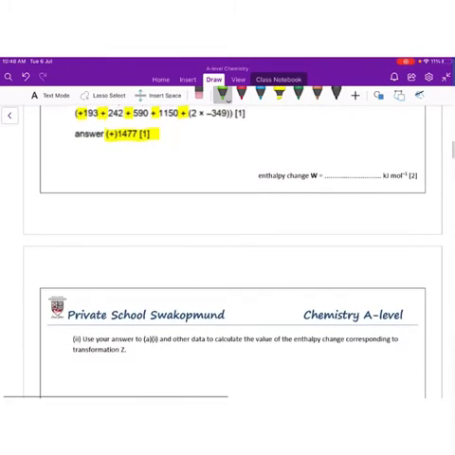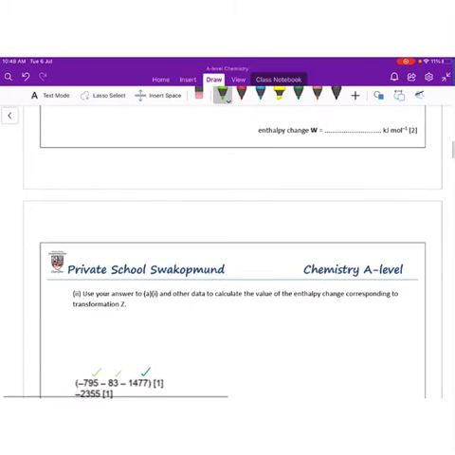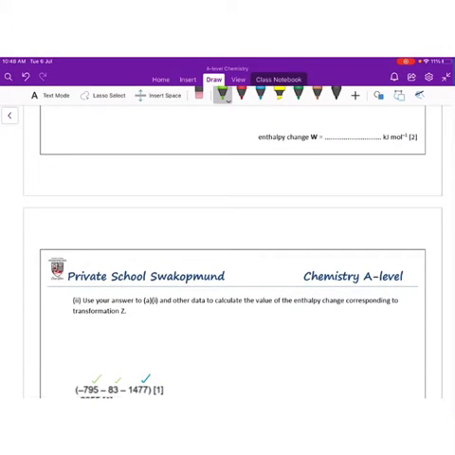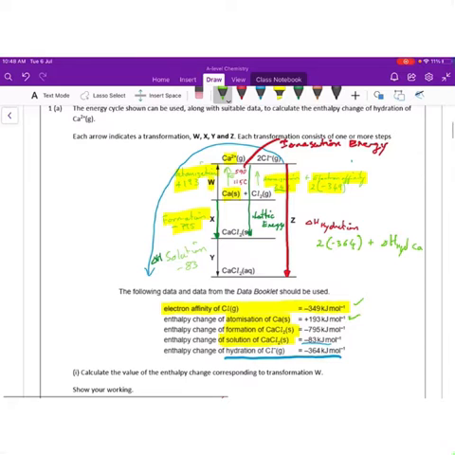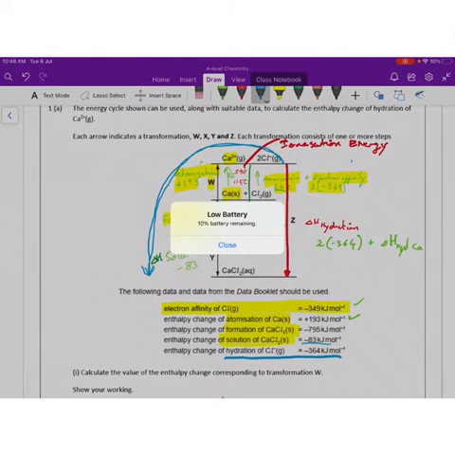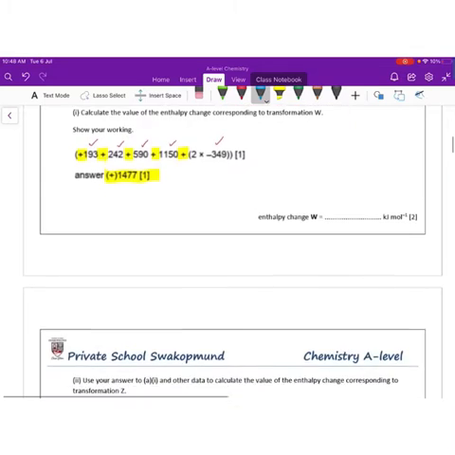I don't think that is my second question. No? Sorry, it says use your answer in part one and all the other data to calculate the enthalpy change corresponding to Z. Okay, so I can do the rest. I can do this blue arrow that I indicated in here. I can do this whole one because that gives me the same as the other. So I can do that change in W, but negative that I just did.